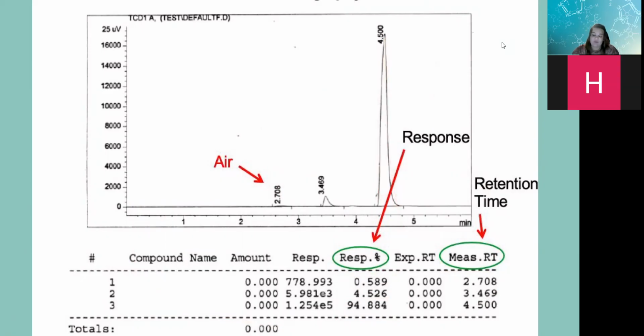In terms of boiling point, this one would have a higher boiling point, whereas this would have a lower boiling point. So as time increases, the boiling point is increasing as well.